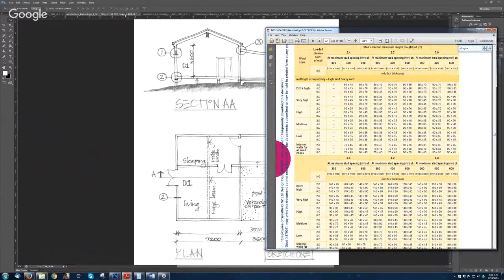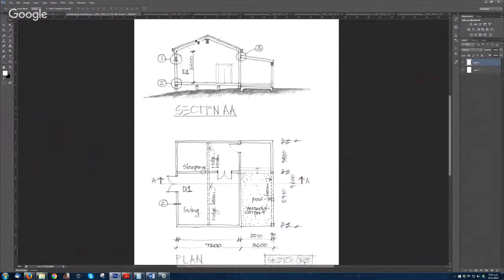So when you go back to your section, the wall here is carrying the rafter, but only half of it because the other half is on the ridge beam. So the loaded dimension for that is 1.8.